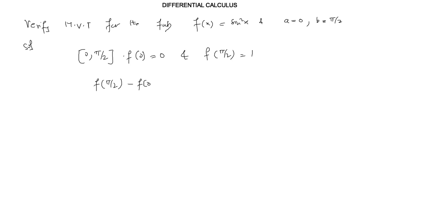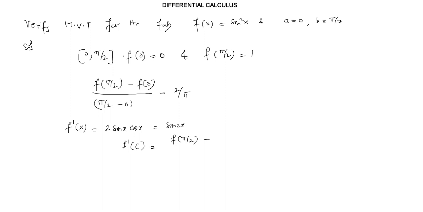Now (f of pi by 2 minus f of 0) divided by (pi by 2 minus 0) goes out to be 2 by pi. Now f of x is sine squared x, so f dash of x will be 2 sine x cos x, which is sine 2x. By the mean value theorem, f dash of c is (f of pi by 2 minus f of 0) divided by (pi by 2 minus 0), so this is 2 by pi.